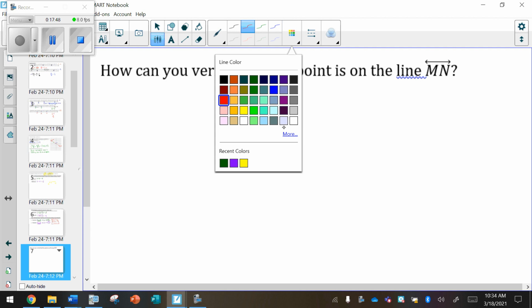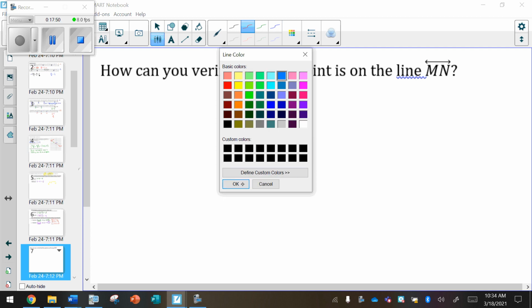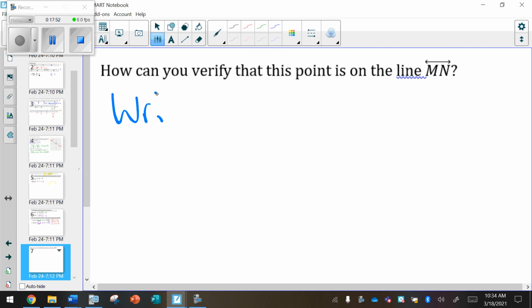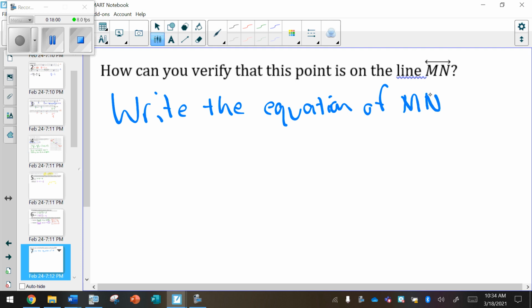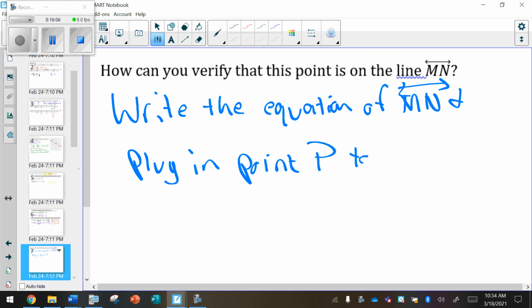Well, it says how can we do it. It didn't say we had to do it. How would we do it? We would write the equation, and then plug in point P. That's how we would know.